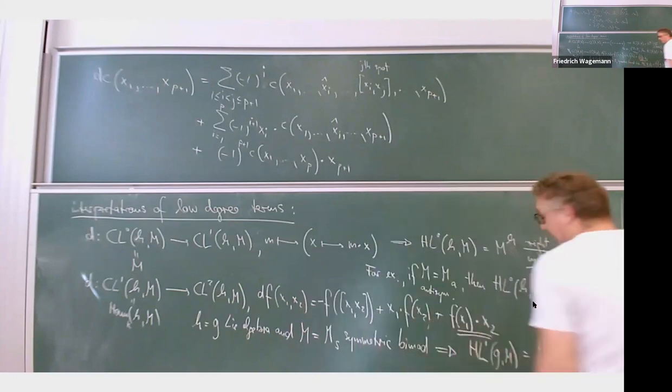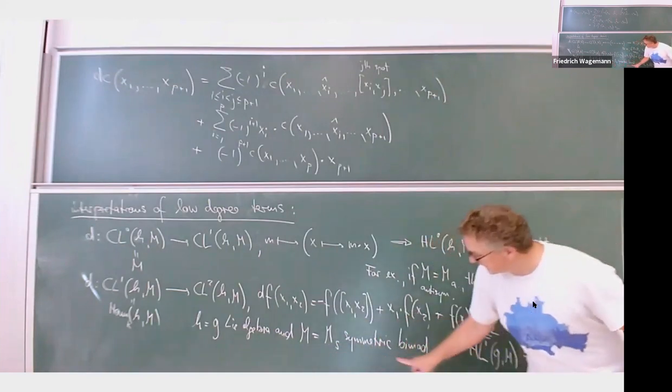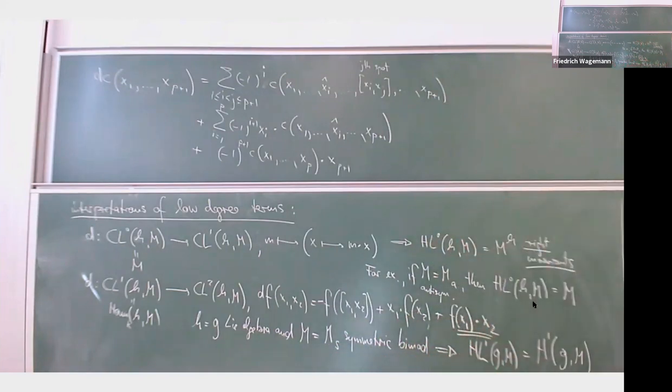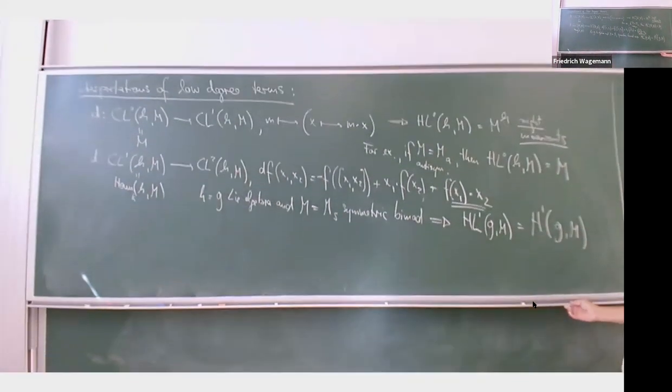And so now the M here is a little bit ambiguous. When I have a symmetric bimodule, I can look at it as being just a left module over this Lie algebra.